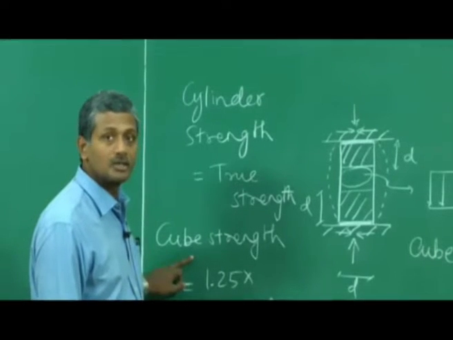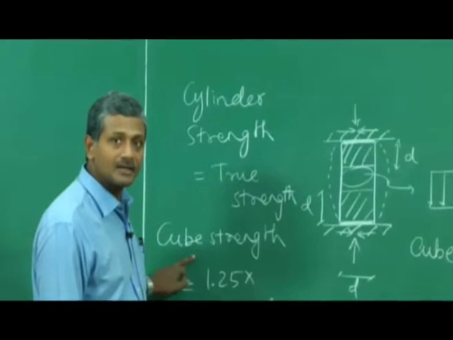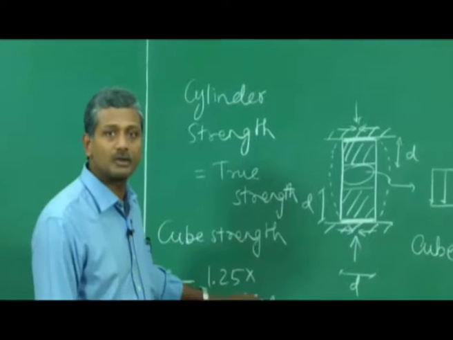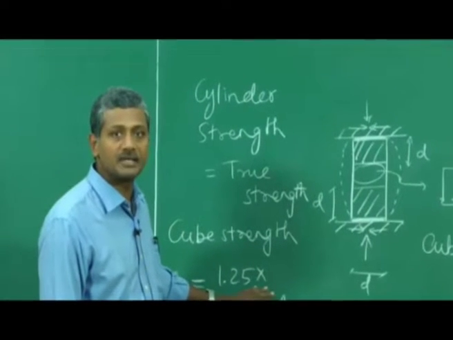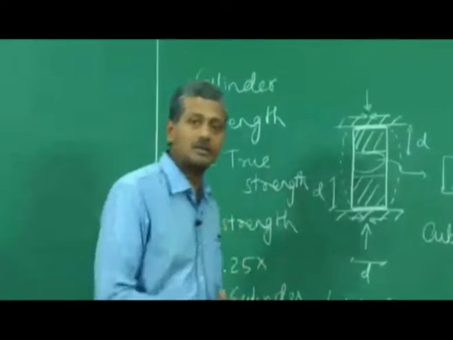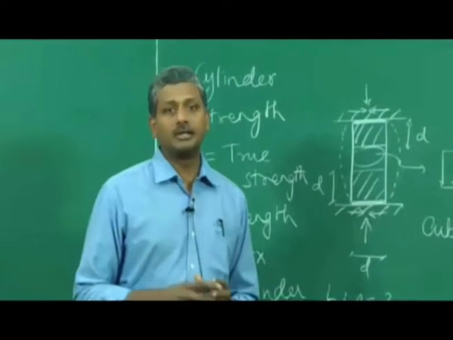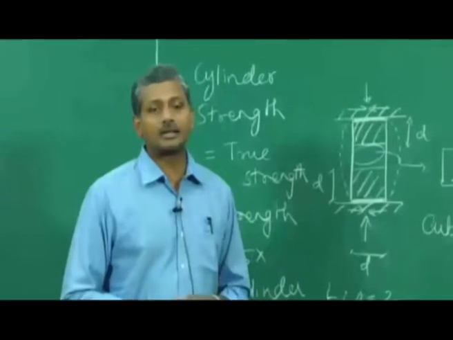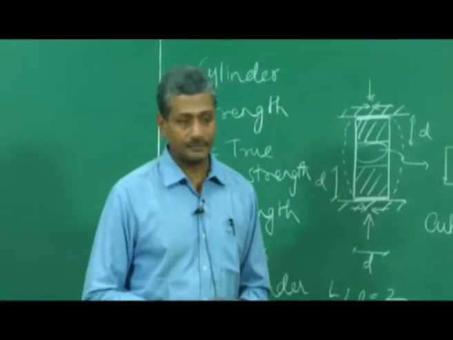So since the cube strength or FCK is higher than the cylinder strength, you have to convert it back to the cylinder strength. That is why you multiply FCK by 0.8 to ensure that you are getting the correct strength in compression in the equation to calculate the compressive capacity of a concrete column, okay.